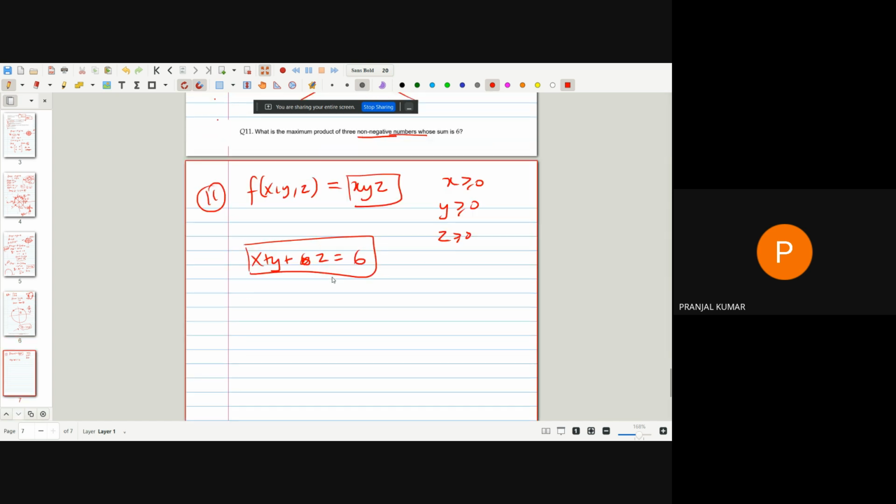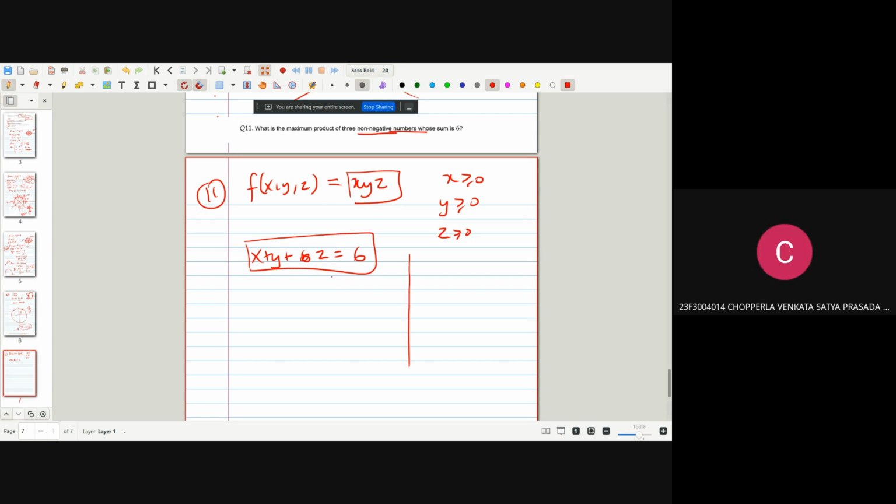So it should be 8, sir. Yeah, okay. So what is this? They have restricted the domain. This is a plane, if you know. What would be the points of this plane? It would be 6, 0, 0, then 0, 6, 0, and 0, 0, 6.